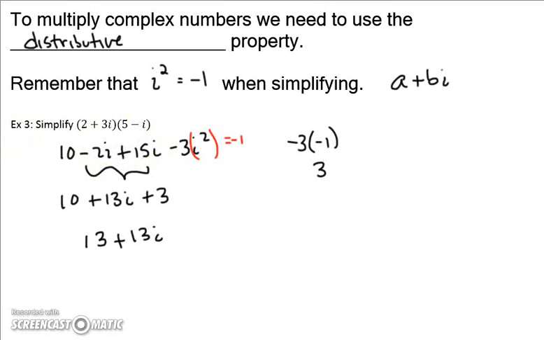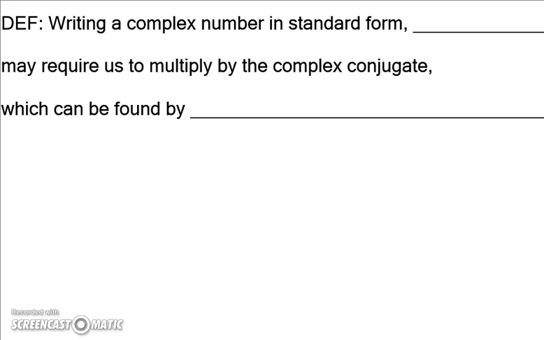One more little bit of notes, one more example, and then we'll call it quits, make it a short video. When writing a complex number in standard form, so we didn't really define standard form before, but that's just that a plus bi, we may need to multiply by the complex conjugate, which can be found by taking the opposite operation.